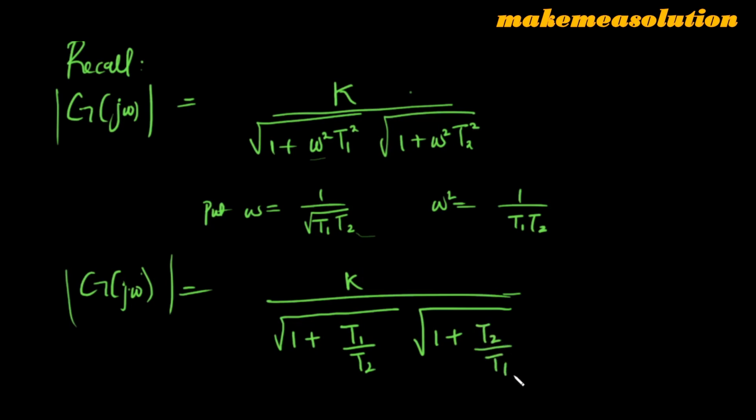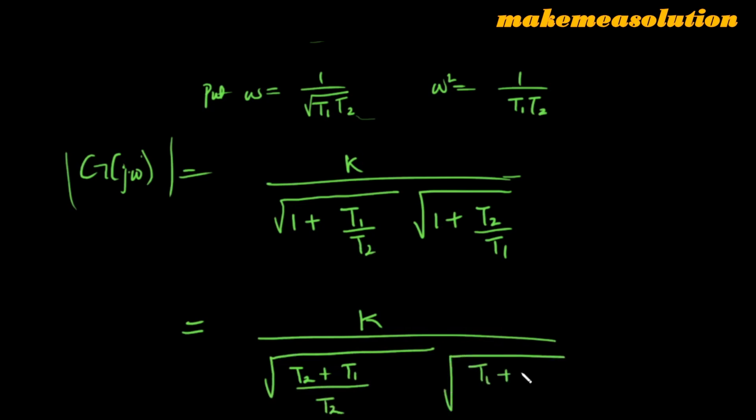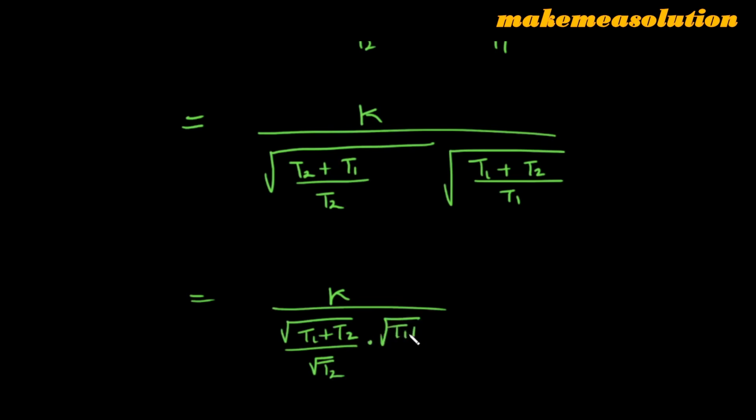t2 over t1. So in solving further, you have K all over, multiplying, you have root of t2 plus t1 over t2, then root t1 plus t2 all over t1. Is that okay? In solving further, you're going to have K all over root t1 plus t2 divided by root t2 multiplied by root t1 plus t2 all over root t1.